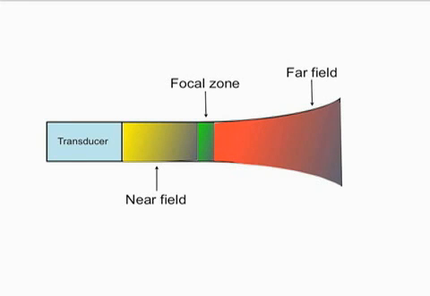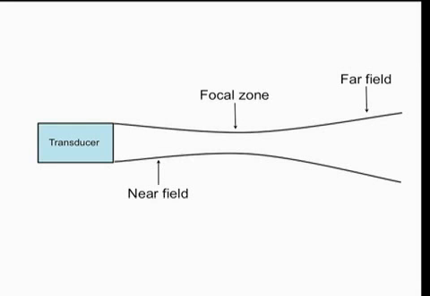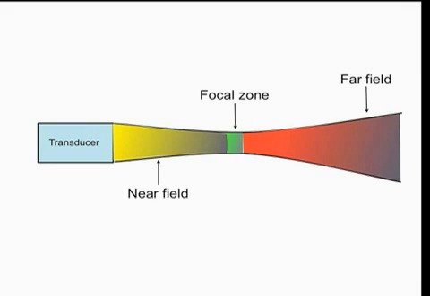Notice how the ultrasound beam diverges after the focal zone. Next, we have an example of a prototypical focused ultrasound beam. Once again, the near field is represented by yellow, the far field by red, and the focal zone by green. Note that the focal zone is now the narrowest part of the ultrasound beam.